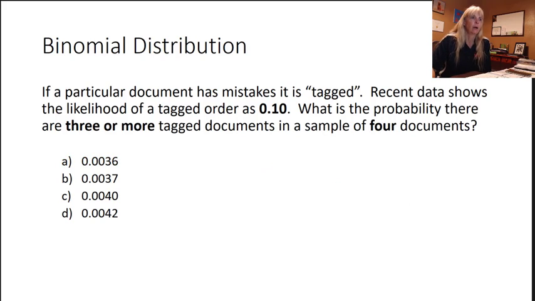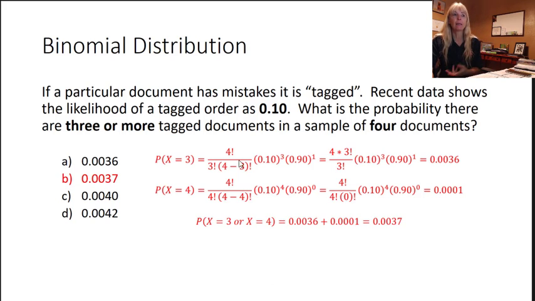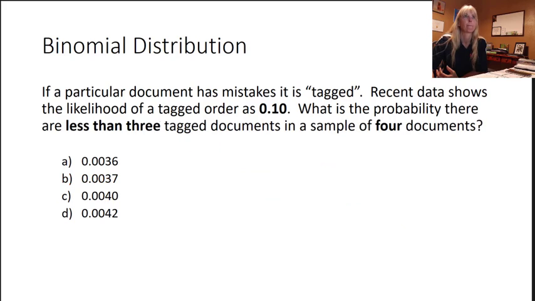All right, what is the probability there are 3 or more? So 3 or more would be 3 and then also 4. The only thing kind of to note with the 4 is, remember, 4 minus 4, 0 factorial means 1. Okay, so that's 1. So you simply find 3, you find 4, and you add the 2 together to get your probability. What's the probability there are less than 3 tagged?